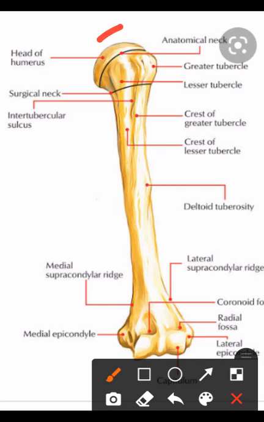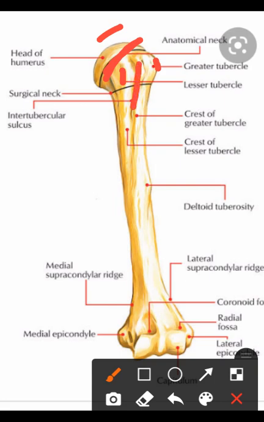Then below the head of the humerus, there is the anatomical neck. Then below the anatomical neck, there is the greater tubercle on the lateral side, while on the medial side, medial to the greater tubercle, there is the lesser tubercle.